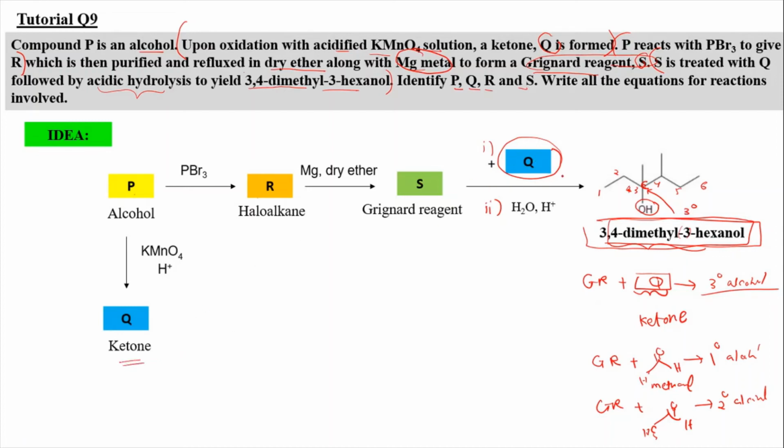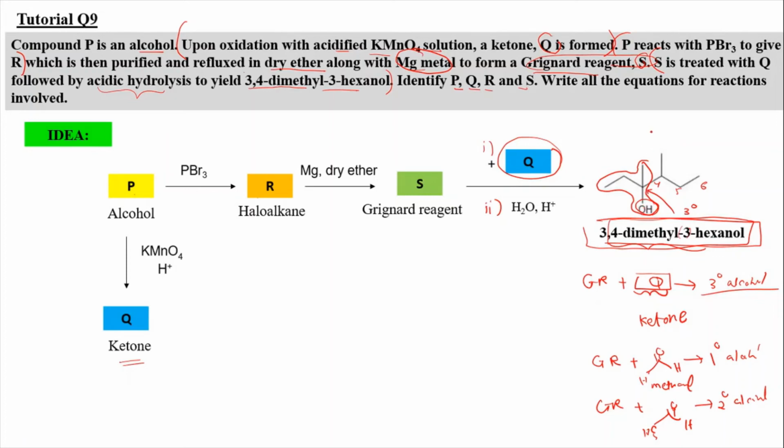Okay? And from here, you need to deduce the structure of Q. Okay? Kamu kena bayangkan apakah Q tersebut. So the best thing to do that is I'm going to look into this part here, the one that contains the OH group. So I know that my ketone will have the double bond just now. When it reacts with the Grignard reagent, it will become OH.